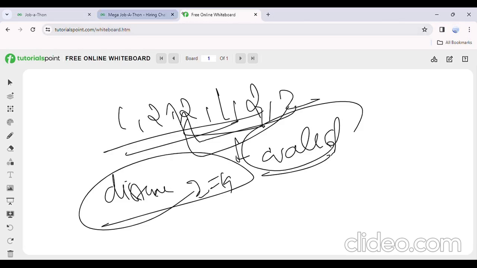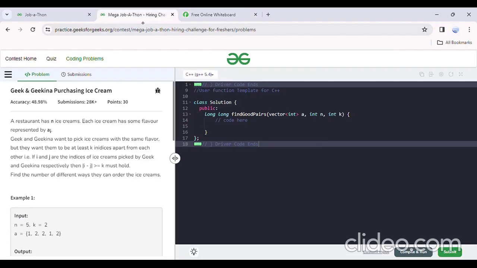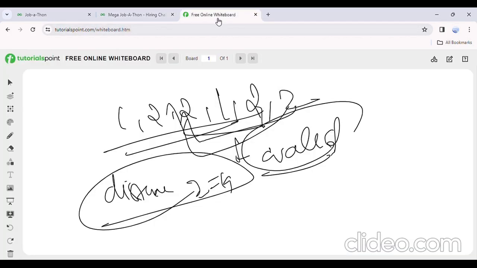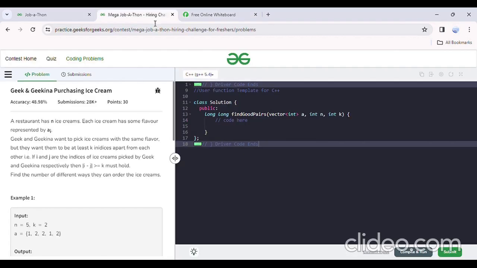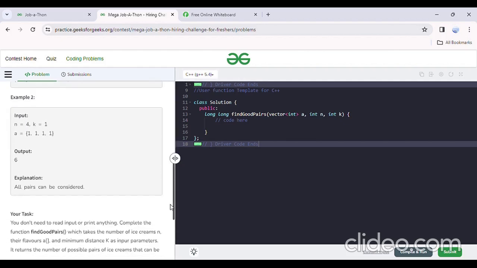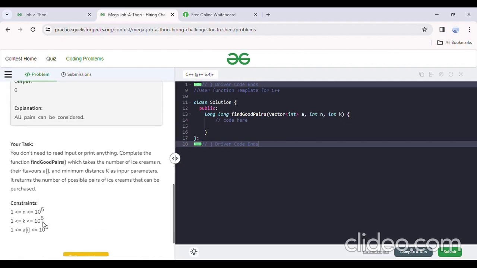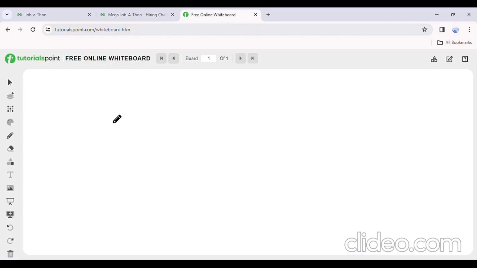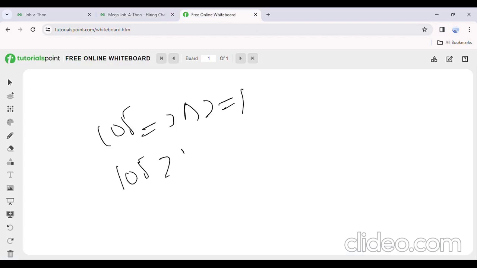Here, if you are using two loops, n is between 1 and 10 power 5, and k is also between 1 and 10 power 5.